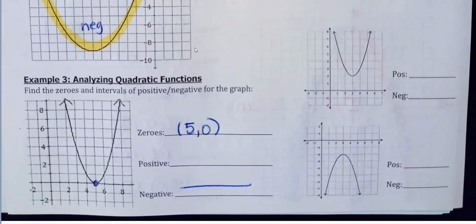Would I just put as my interval negative infinity to positive infinity for where it's positive? Let me know. Should I just do one interval or should I do it differently? Is that whole graph always positive? Is there a place where it's not positive?